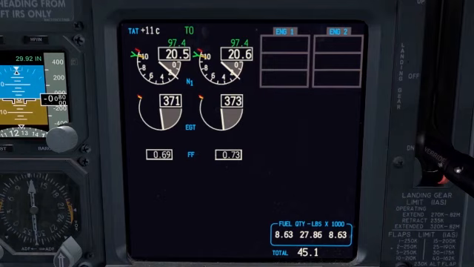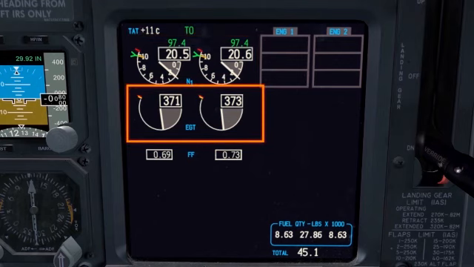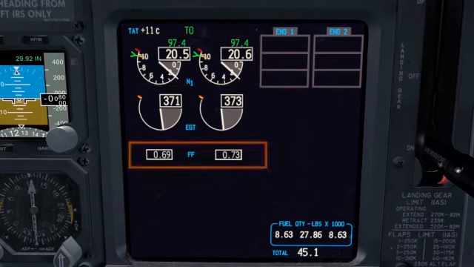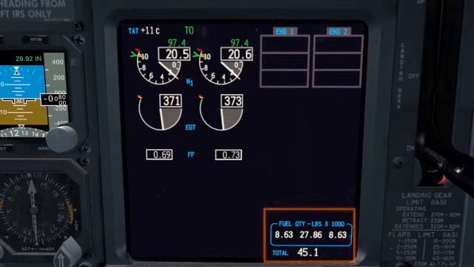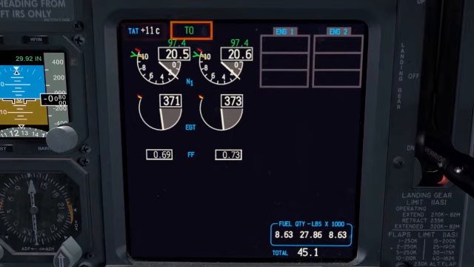The primary engine indications are those of immediate importance to the flight crew. They are low pressure shaft speed, or N1, exhaust gas temperature, or EGT, fuel flow, fuel quantity per tank, total air temperature, and active thrust mode.